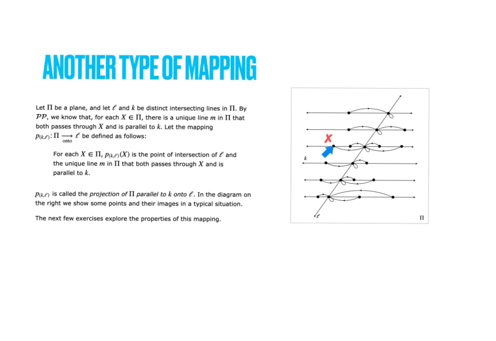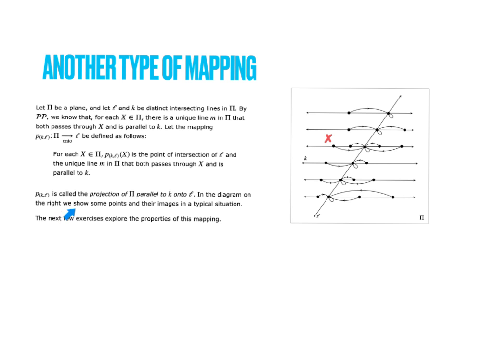If I have this point X, it's going to get mapped to my line L this way. So I would draw my line that's parallel to K through X and map it onto the line. This is very similar to the perpendicular projection, except these lines are not perpendicular to L. They are parallel to K. So P sub K comma L is called the projection of pi parallel to K onto L.